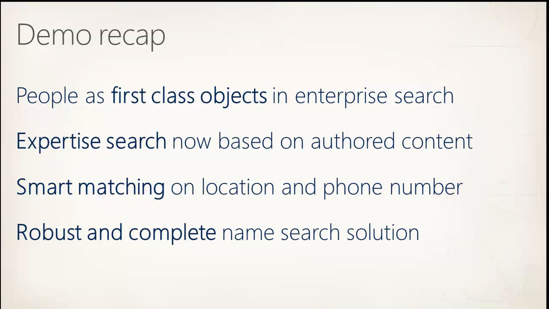It's going to work across languages in many cases. We'll share out the documentation around the languages, the cross-language support that we provide. And then we introduced name suggestions so that you don't even have to make a mistake. We can find the name in the suggestions list that we provide you with. So these are some of the out-of-box features that we have, and they're all new to SharePoint 2013.